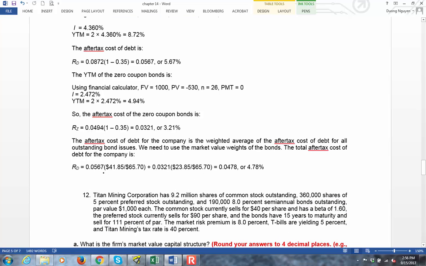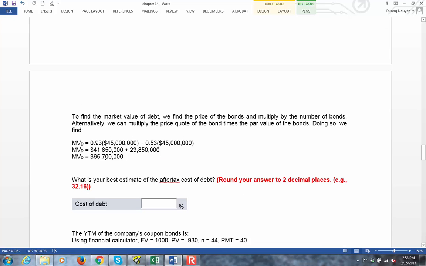Alright, so the after tax cost of debt for the first one is 5.67%, and the weight is using market value. So the total market value is 65.7 million. Out of 65.7 million, 41.850 is the market value for the first bond, and 23.850 is the market value for the 0 coupon bond.